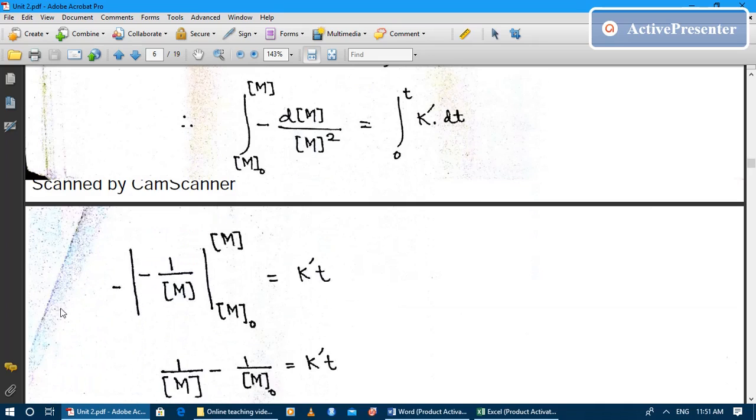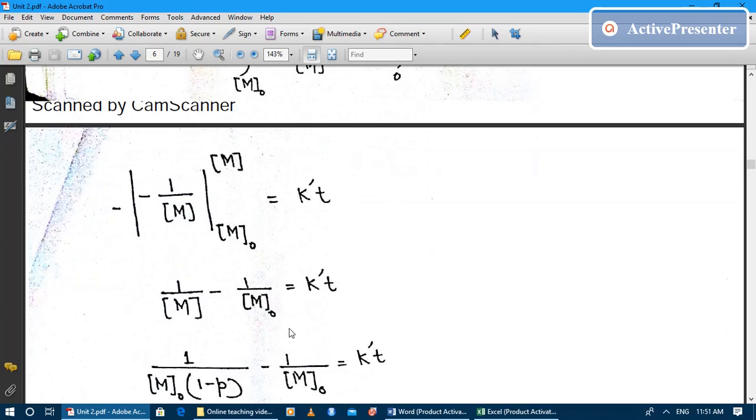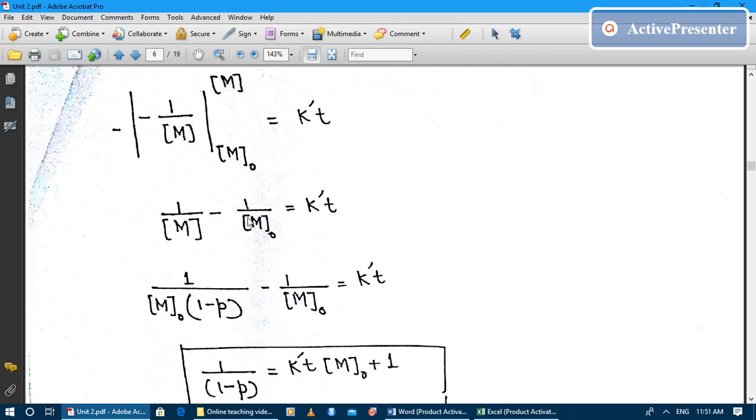Now this will give me minus 1 over M, with the limit M naught to M and K dash T. Okay, so this is 1 over 1 minus M minus 1 over 1 minus M naught is equal to K dash T. Here I can put M is equal to M naught times 1 minus p, as we have seen in the last lecture.